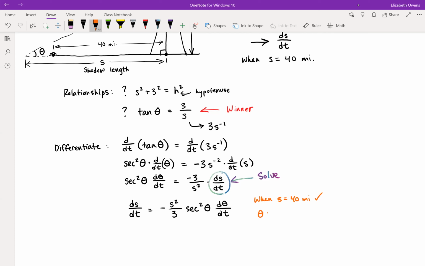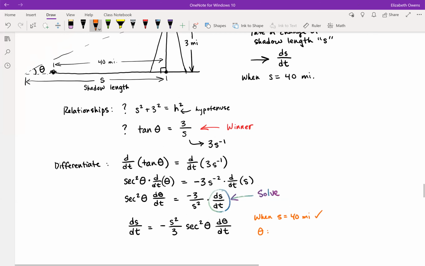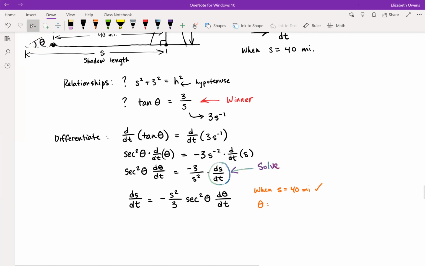So theta we'll need to find, but notice how we can find that based on the fact that we know what we want length S to be. S here equals 40 miles. This side for the mountain is still 3 miles. And so we could find theta based on that.